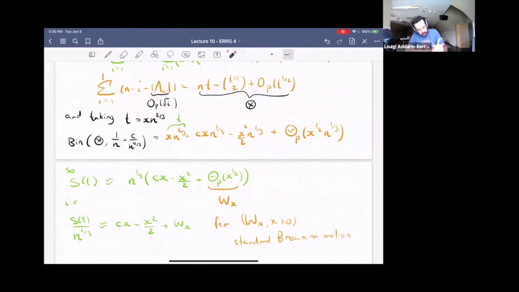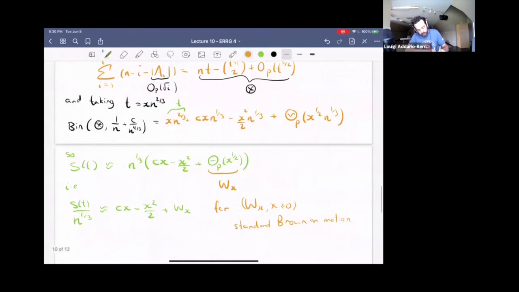So you can make sense of that as a statement about the whole process, but if you just want to think about it at a fixed time and not about the whole process, then you can just think of this as being a centered Gaussian with variance x. Okay.